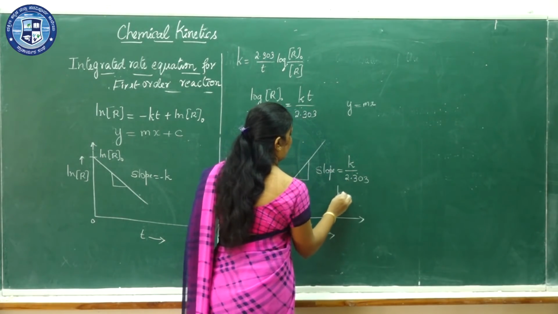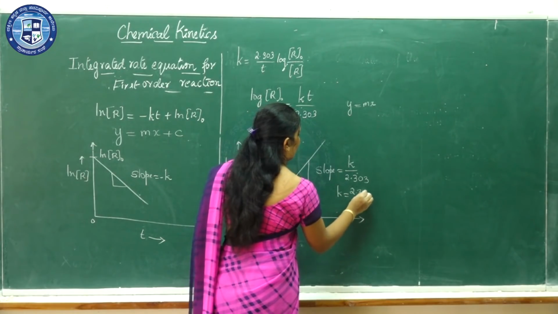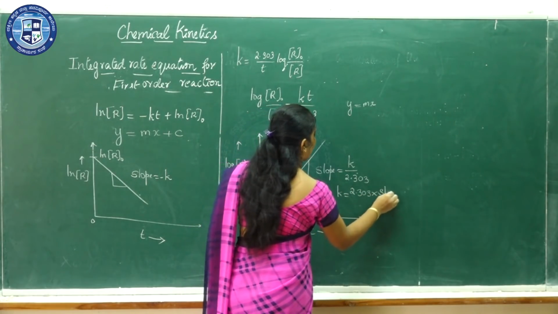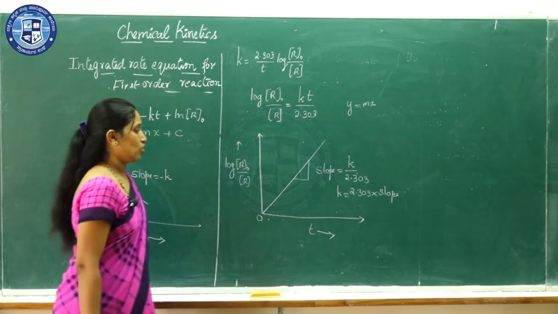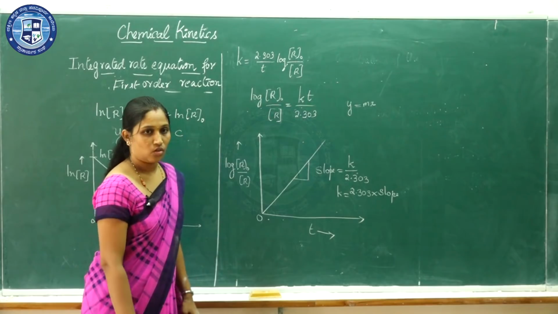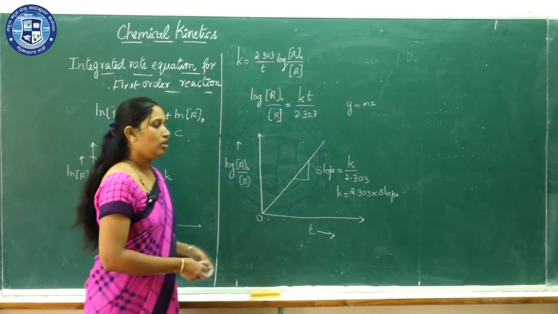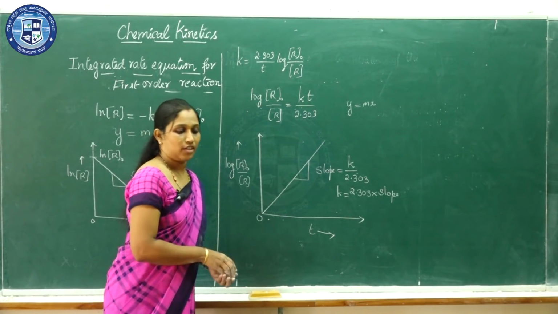So if you want to find the rate constant, you can find 2.303 into slope. So you will get the value of k very easily. There is no intercept here. Hope this is clear about the first order reactions.